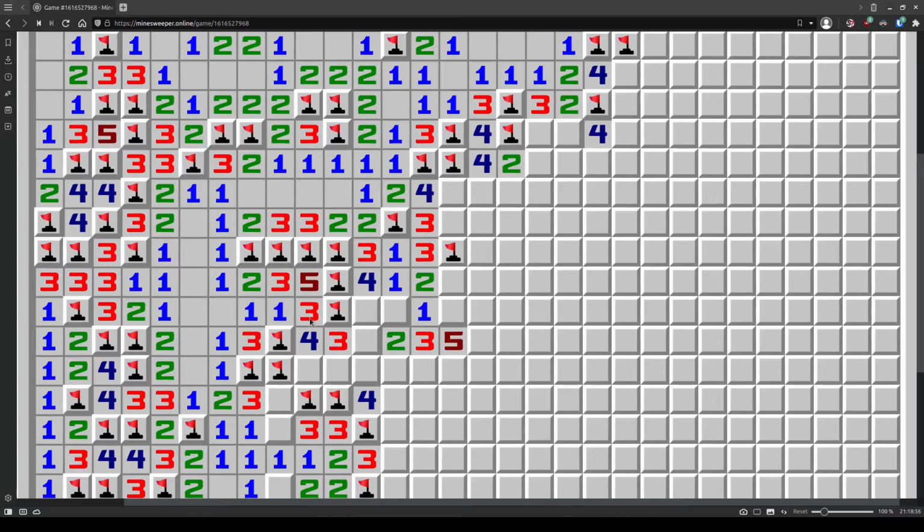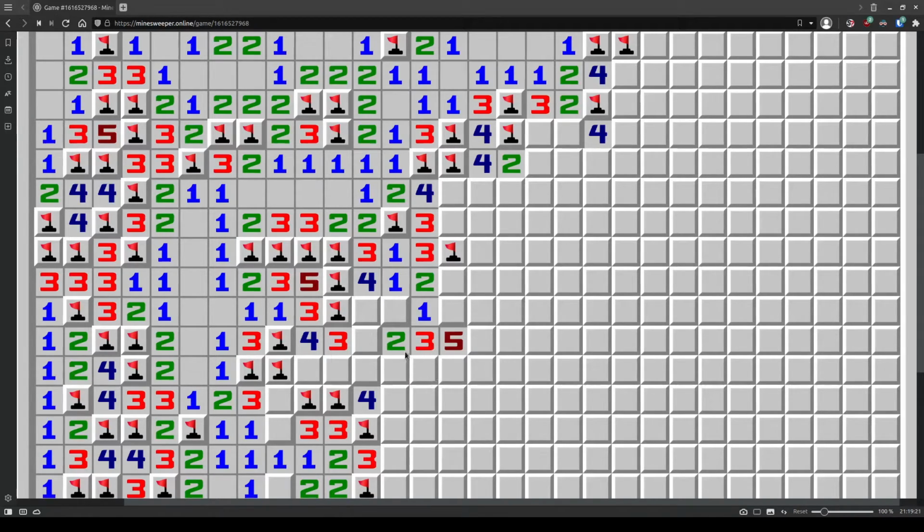Okay. Here we have an interesting situation. We have a 4 here, which means there is a mine in here. And we have a 3 here, which means there is a mine here and 1 mine in these 3 cells here. This 2 here says there is a mine in these 3 cells because of the 3 here, and there is 1 mine in all of these 3 cells here.